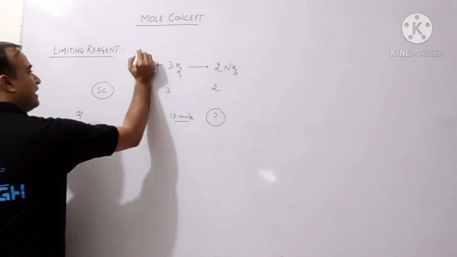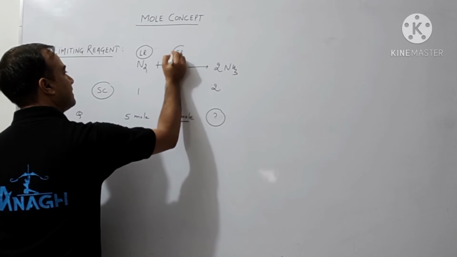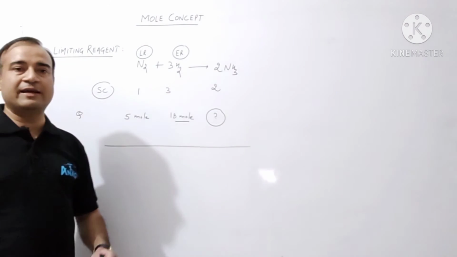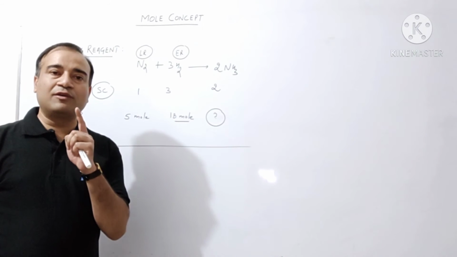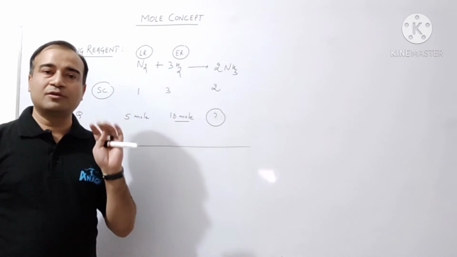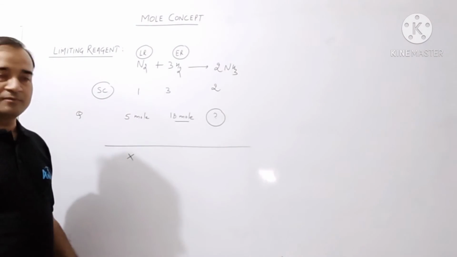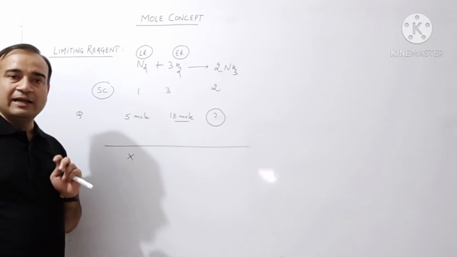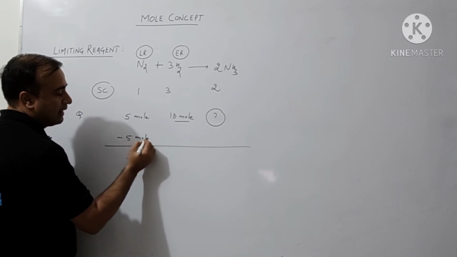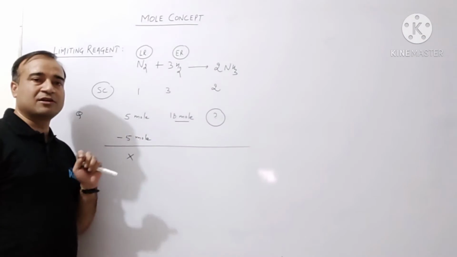After the complete reaction, as I know, the limiting reagent is completely consumed. So there is no N2 after the reaction. It means the entire 5 moles of nitrogen react. 5 minus 5 is equal to 0.